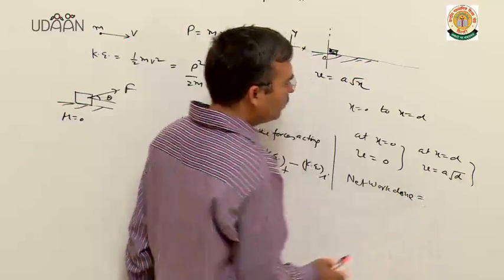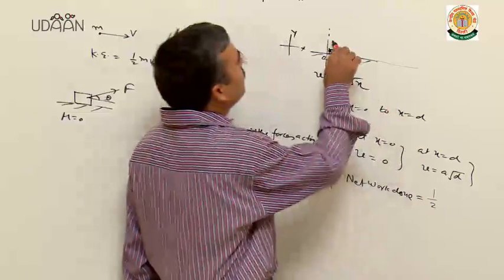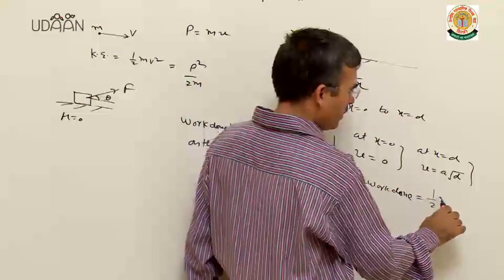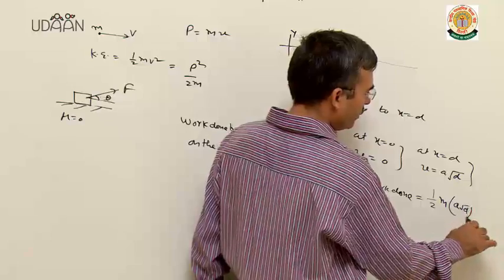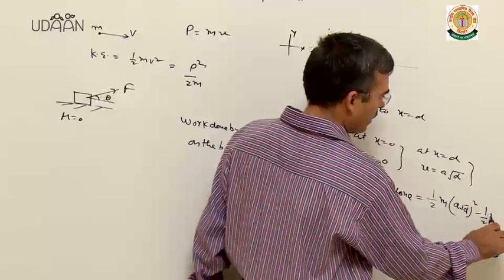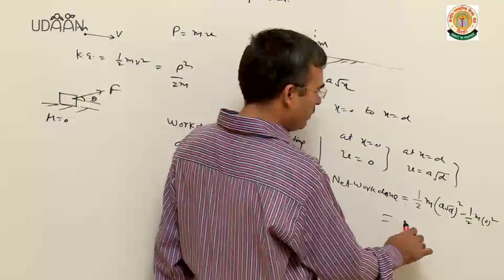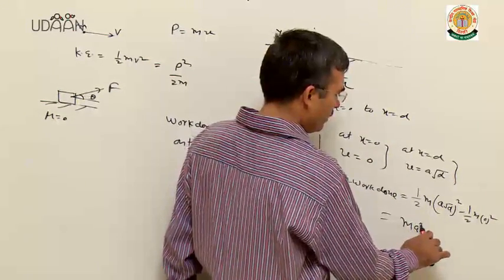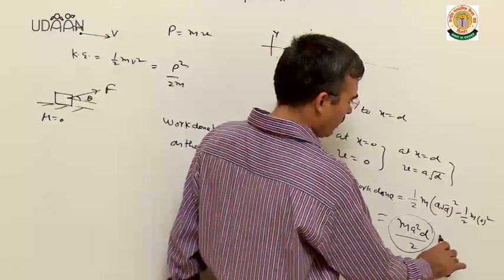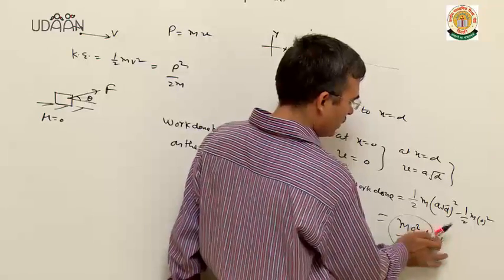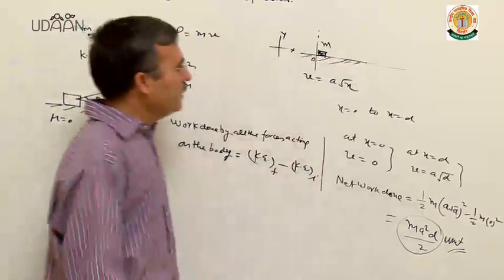Net work done will be equal to हाफ एम, मान लीजिए बॉडी का मास एम है, हाफ एम वी फाइनल, इट इज ए रूट डी होल स्क्वायर माइनस हाफ एम जीरो स्क्वायर. सो दिस विल बी इक्वल टू एम इंटू ए स्क्वायर इंटू डी डिवाइडेड बाय 2. दैट इज द जो भी यूनिट आएगी एसआई यूनिट द वर्क. क्लियर?